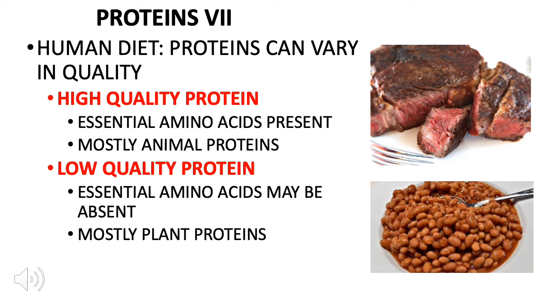High quality proteins are proteins that contain a significant amount of those essential amino acids, and those proteins, as a rule, come from animal sources. On the other hand, low quality proteins are generally of plant origin, and they usually have fewer to no essential amino acids.